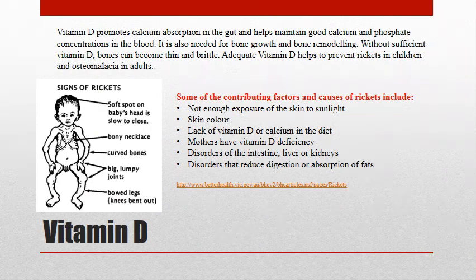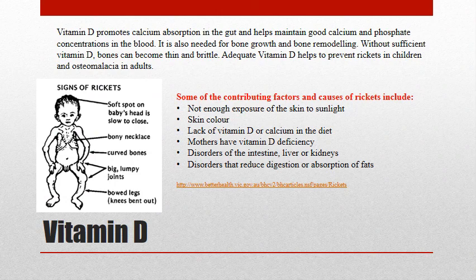Some signs of rickets are the soft spot on the baby's head, which all babies are born with, but when that doesn't close up, that can show rickets. Also curvy bones, lumpy joints, and bow-leggedness. Things that lead to rickets are not enough exposure to sunlight, poor skin colour, lack of vitamin D, mothers who have vitamin D deficiency, or any disorders that impair digestion.